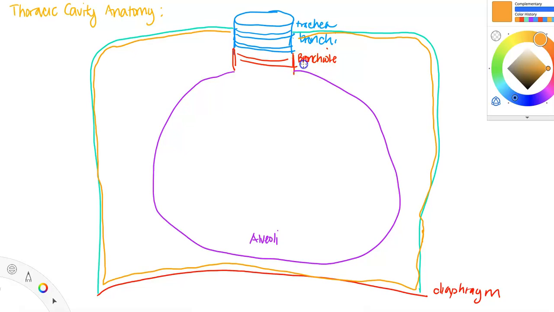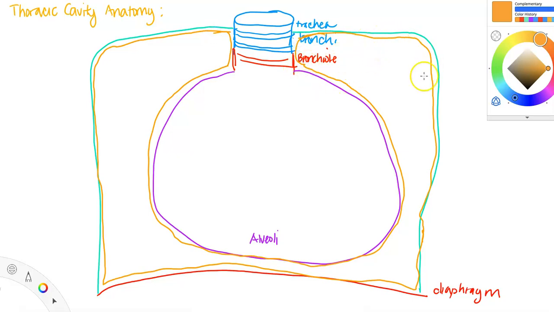And then the visceral pleura goes around the lung itself, and it's attached to the lung. And we know that this membrane is continuous. Okay, so here's the visceral, and it's continuous with the parietal.